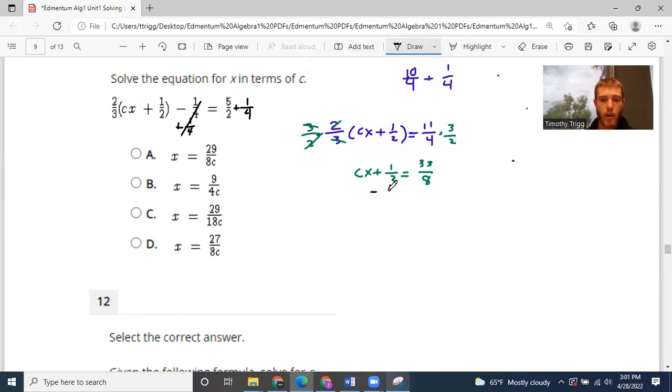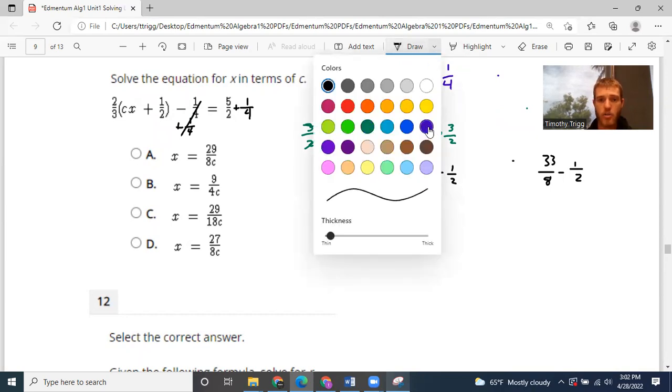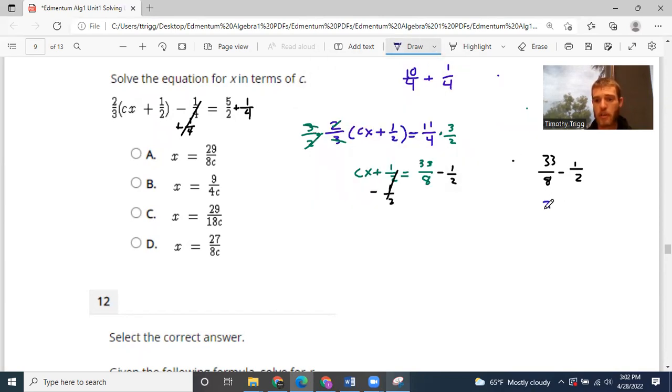Next, I would subtract 1/2 to get rid of this. To the side here, 33/8 minus 1/2. Remember, we need a common denominator when adding or subtracting. So we're going to go ahead and change both these fractions into 8ths. This one doesn't need to change, but this one will.